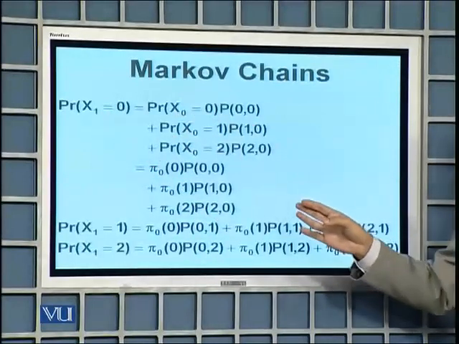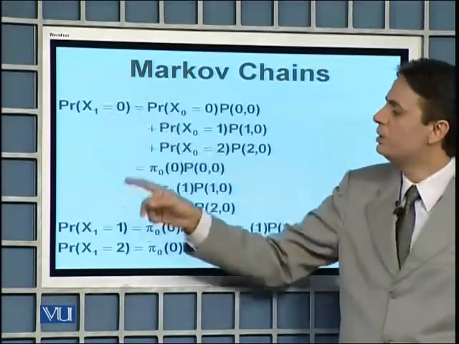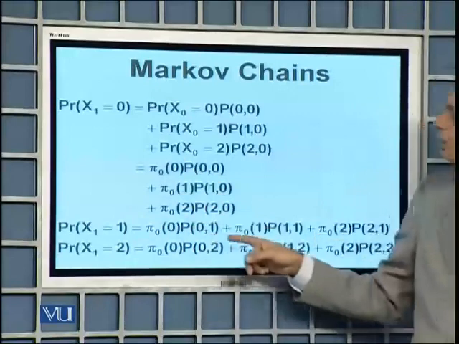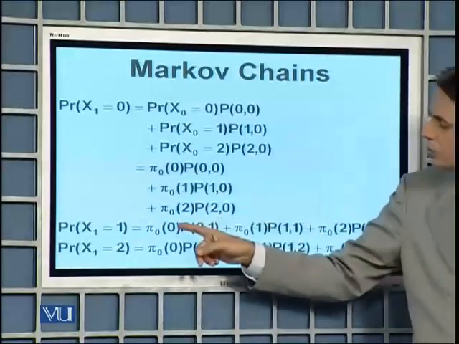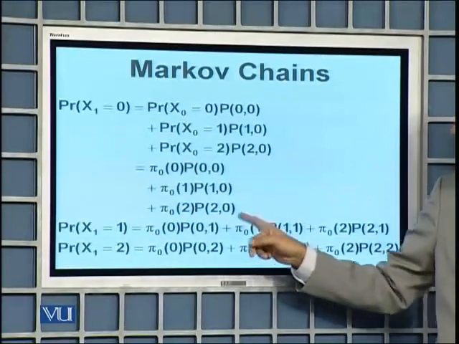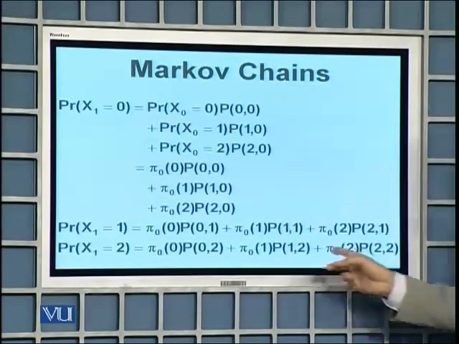You can find this random variable x1 to be in other states, say 1 or 2, by using a similar argument and using the corresponding transition probabilities from 0 to 1, 1 to 1, 2 to 1 and other probabilities.